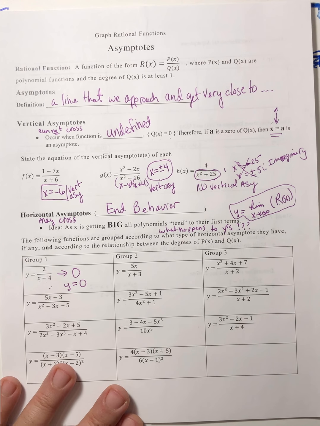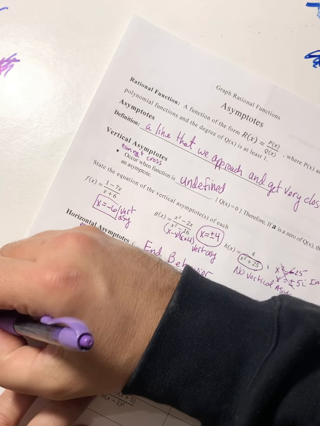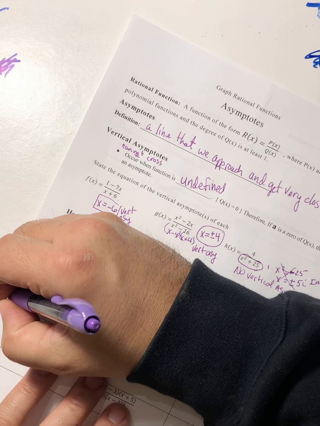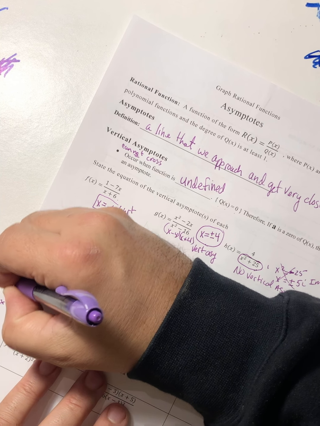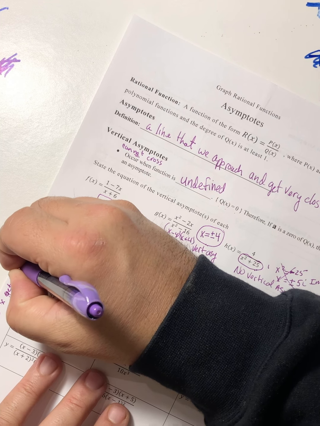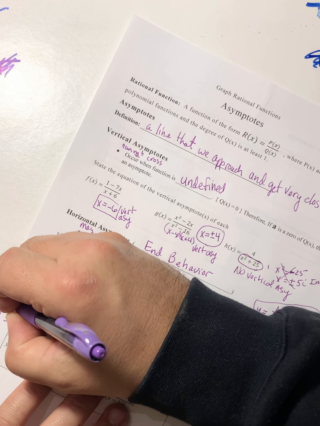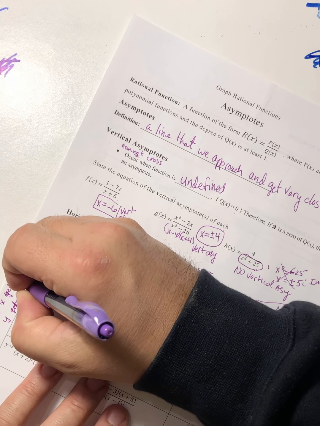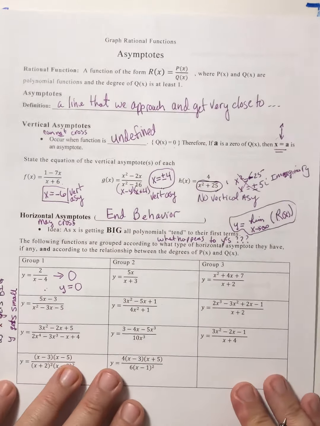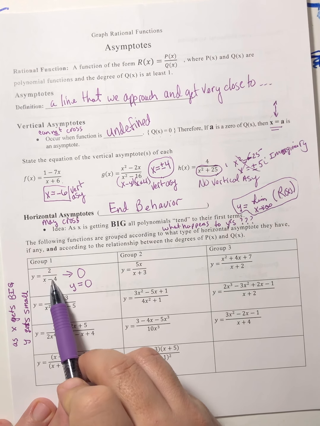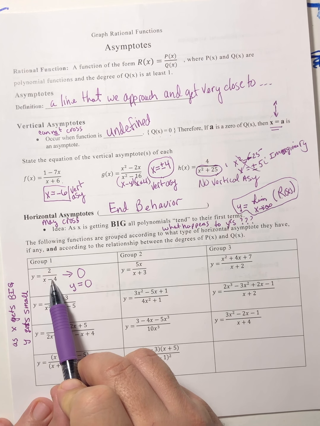I'll write it over here on the side: as x gets big, y gets small. And in this case, y is so small, we just say it goes to 0.